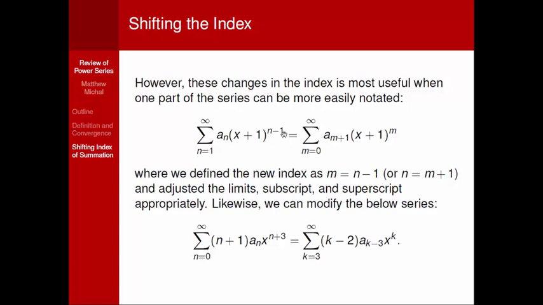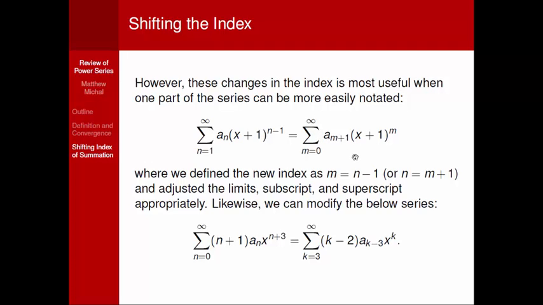Every time I see an n minus 1, I plug in an m. Every time I see an n, I plug in an m plus 1. And for the limits, when n is equal to 1, m is equal to 1 minus 1, or 0. When n is equal to infinity, m is equal to infinity minus 1, or infinity.